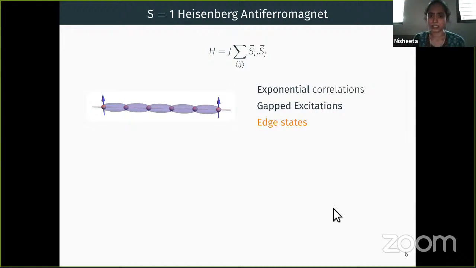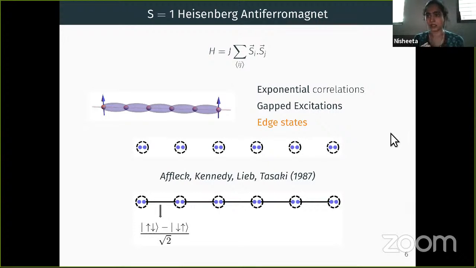And it also exhibits these spin half edge states. So the way to understand this wave function or the state is that you think of each spin as two spin halves. At each site, you replace each spin 1 by a symmetrized wave function of two spin halves. And then each spin half forms a singlet with a neighboring spin half, like it's shown here.